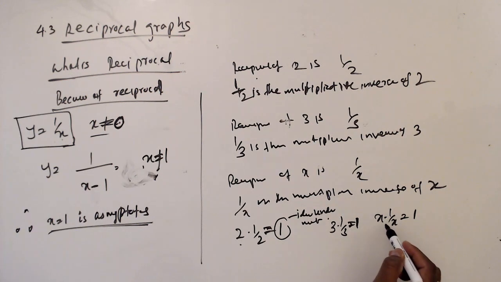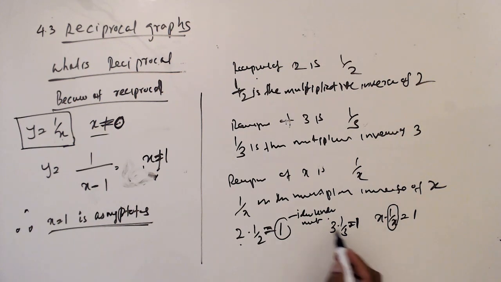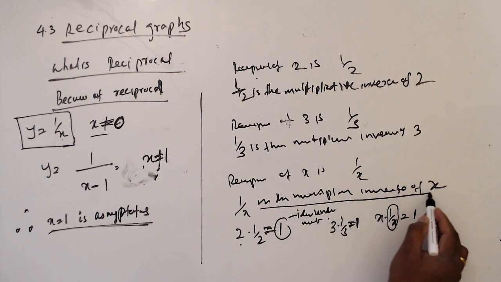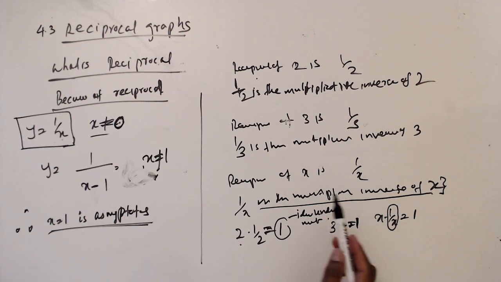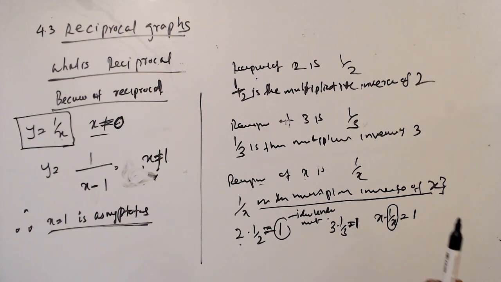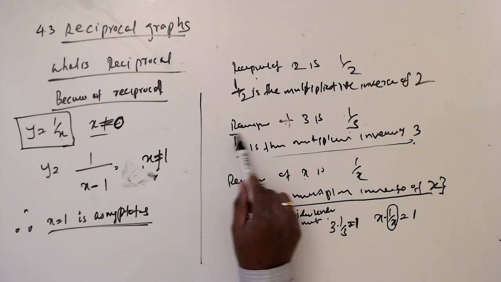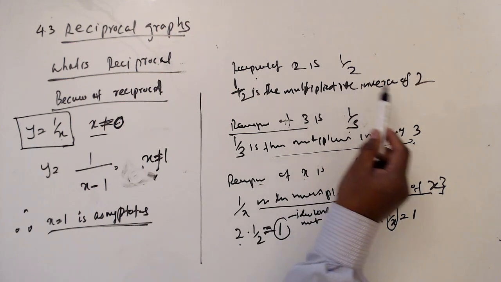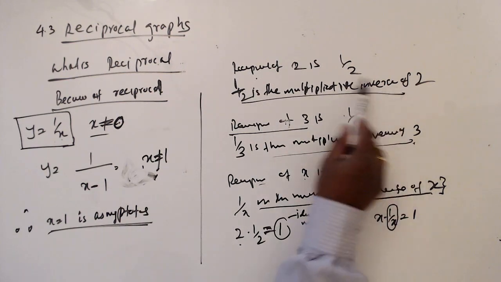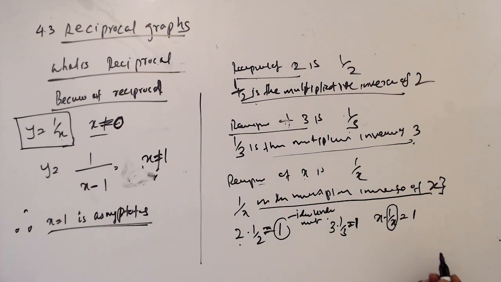So 1 over x is the multiplicative inverse of x, or reciprocal of x. 1/3 is the multiplicative inverse of 3, or reciprocal of 3. Half is the multiplicative inverse of 2, or reciprocal of 2.